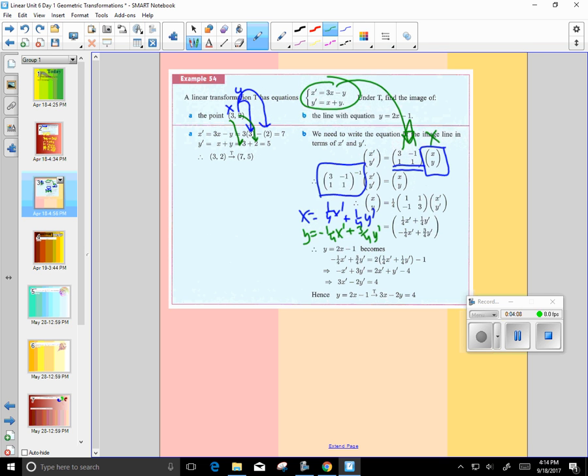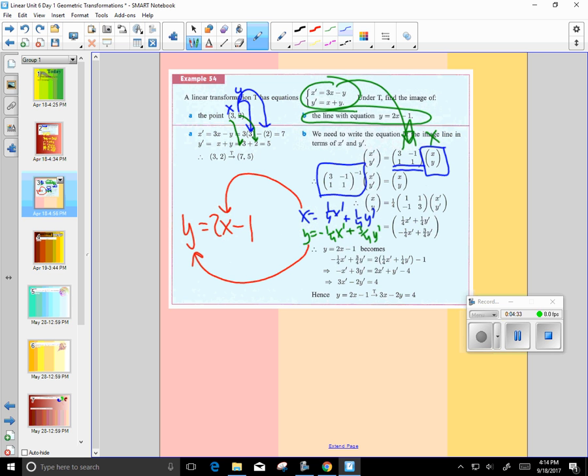Okay, so now you have those two equations, and then they wanted you to find the image of that transformation through that equation. So all they did is they said that y equals 2x minus 1. You've got your x, you've got your y.